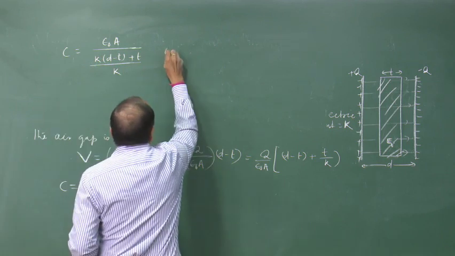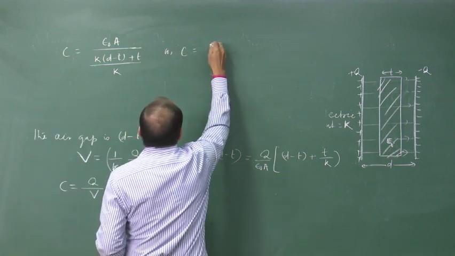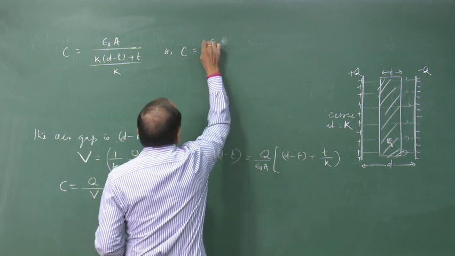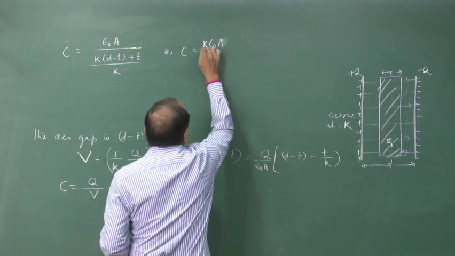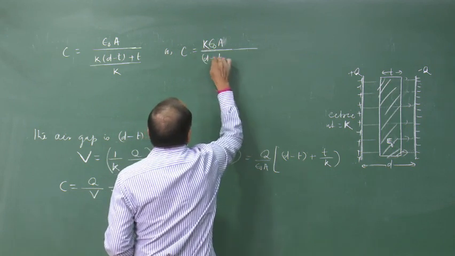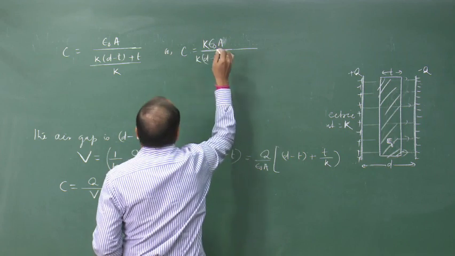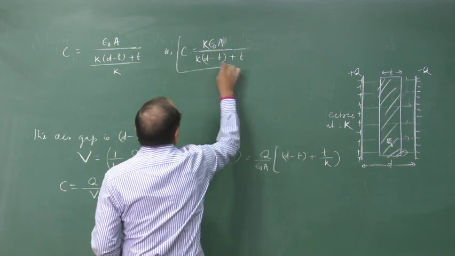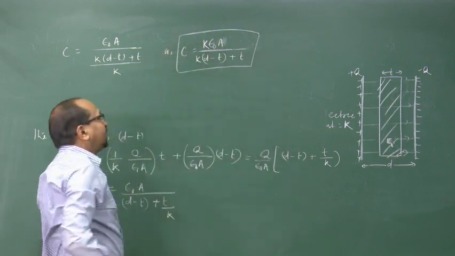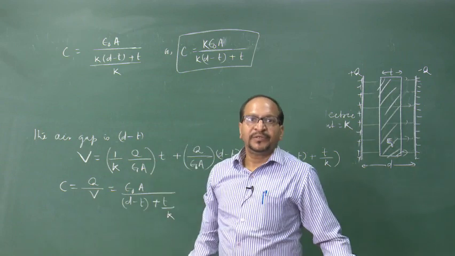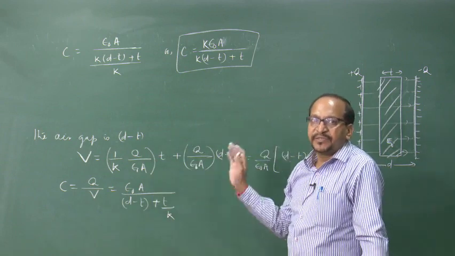Or C is equal to k into epsilon naught A by d minus t into k plus t. This is the capacitance of a parallel plate capacitor when a dielectric material of thickness T is introduced between its plates.